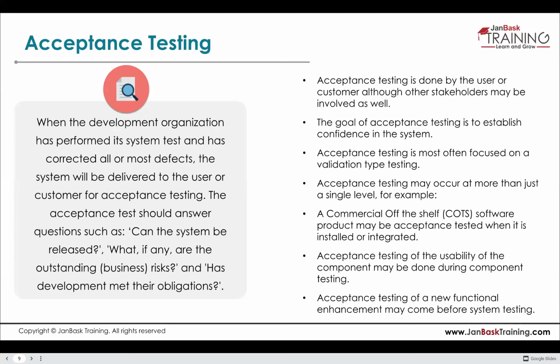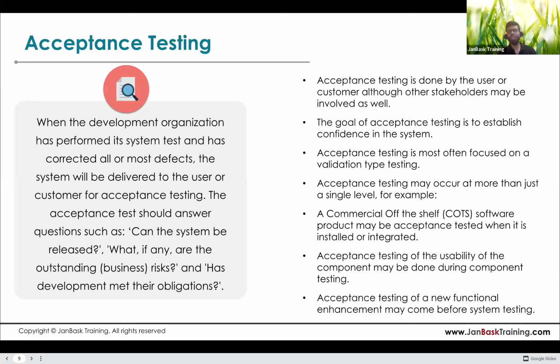Acceptance testing may occur at more than just one single level. A commercial off-the-shelf software product may be acceptance tested when it is installed or integrated. This is not very important and not a general case, so you can ignore that one. Acceptance testing of the usability of a component may be done during component testing.